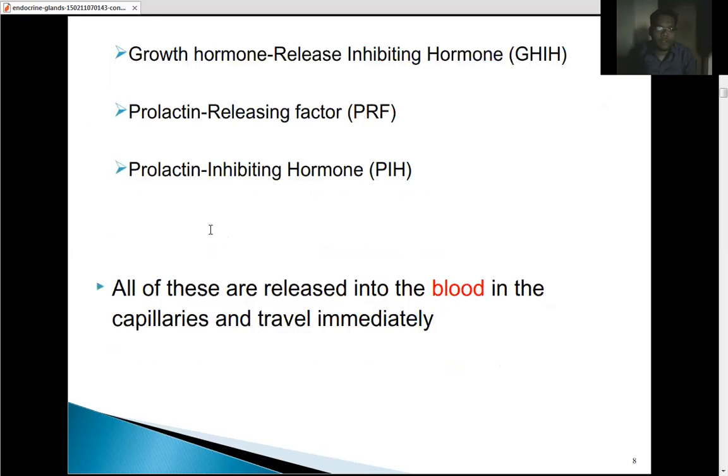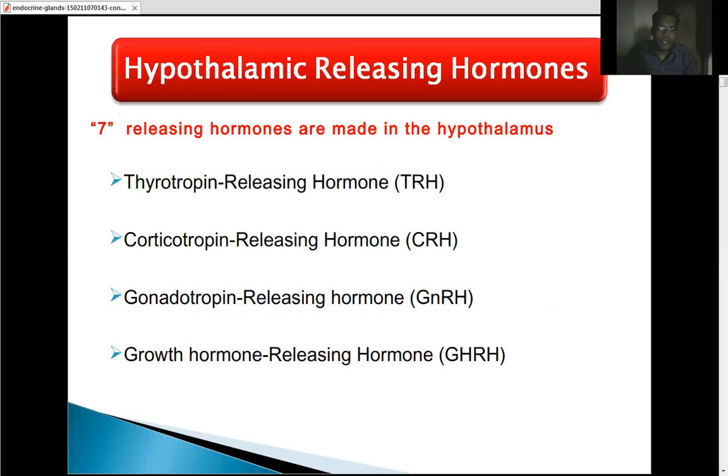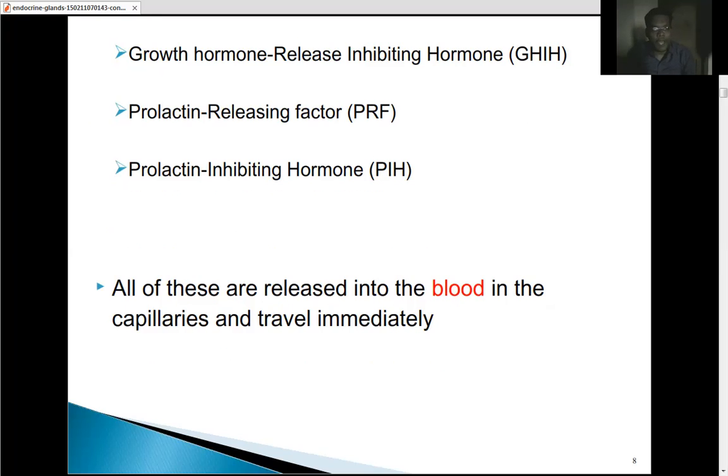Then GHIH, growth hormone release inhibiting hormone. Then PRH, prolactin releasing hormone. Then PIH, prolactin inhibiting hormone. These are the 7 hormones that act on the anterior pituitary gland by the order of the hypothalamus.